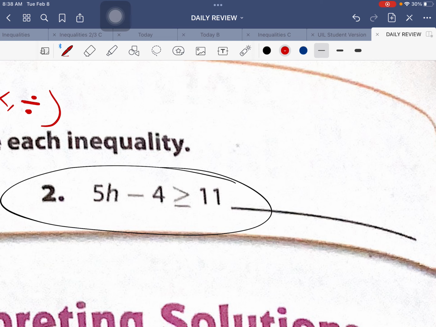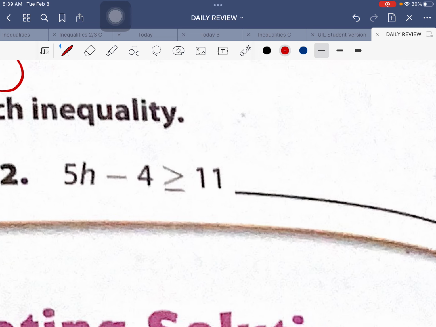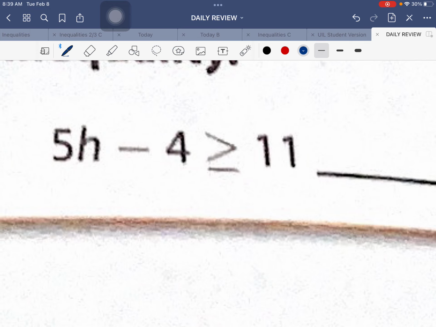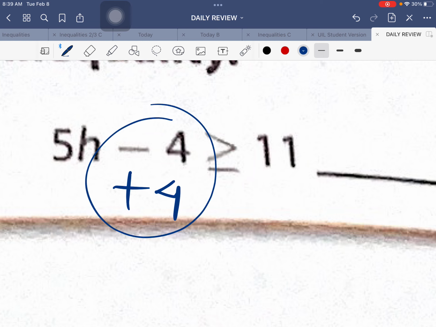Now, number 2. What do we do? Add, because the opposite of subtracting is adding. And what I do to one side, I have to do to the other side. So, let me erase this. Hopefully you already wrote it. These cancel each other out.